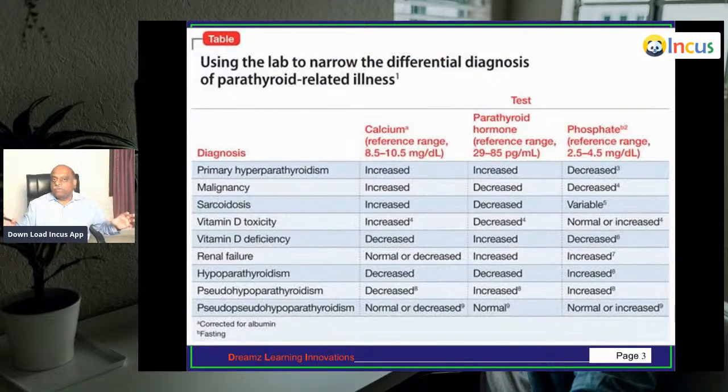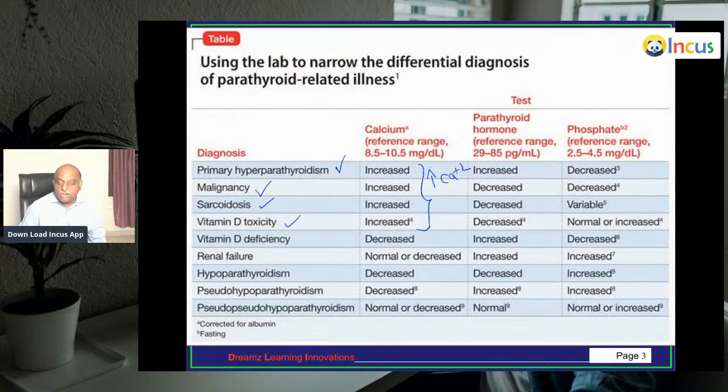So here comes one of the favorite questions of the examiner. How do you differentiate the various parathyroid-related illnesses? Primary hyperparathyroidism, malignancy, sarcoidosis, vitamin D toxicity, they're all conditions of hypercalcemia.